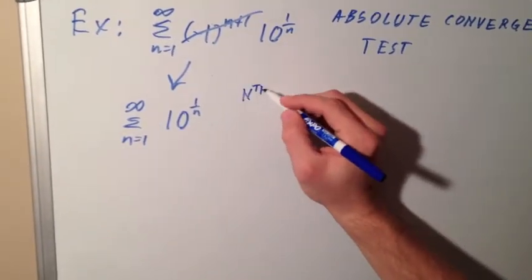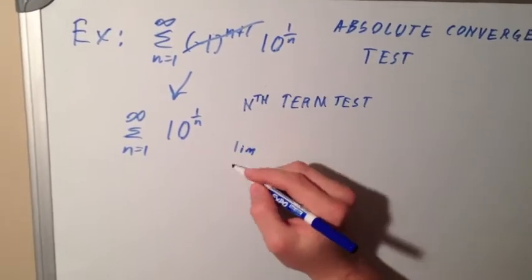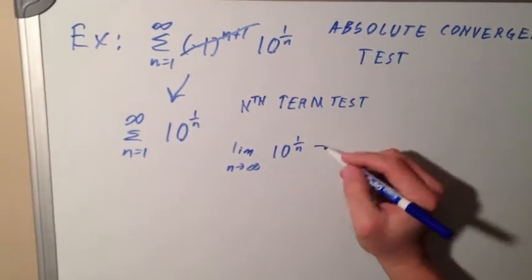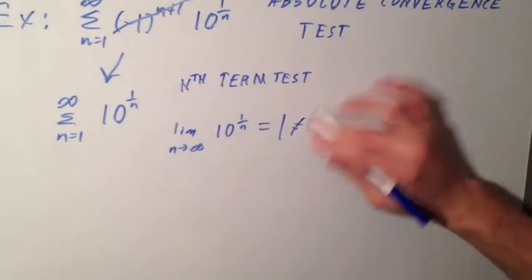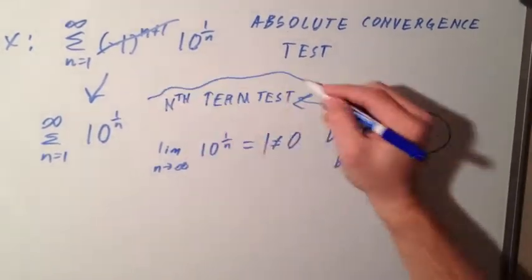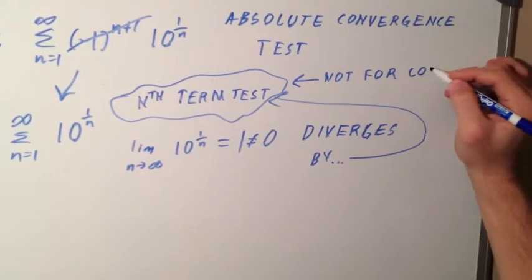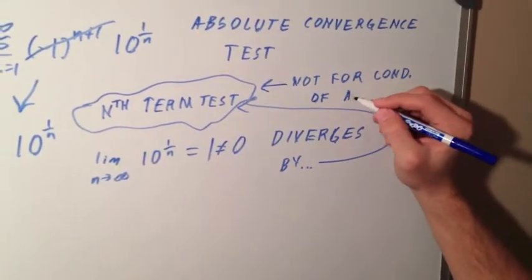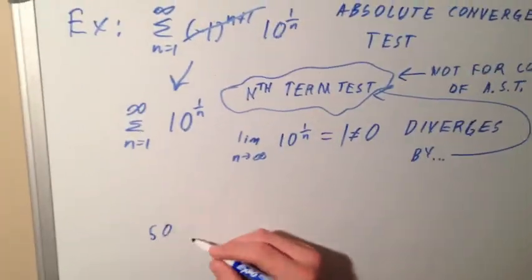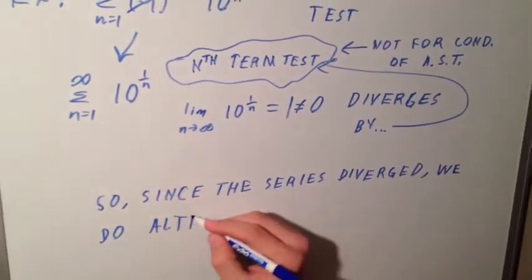Using the nth term test, we can see that the limit as n goes to infinity of 10 to the power of 1 over n equals 1, which is not equal to 0, therefore this series diverges. Note that in using the nth term test here, we are not testing for conditional convergence of the alternating series test. Since our series diverged, we get to move on to the alternating series test.